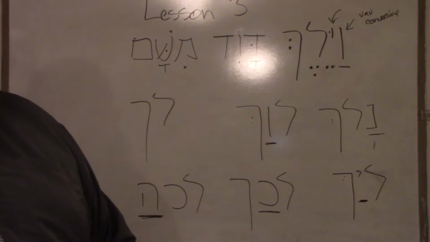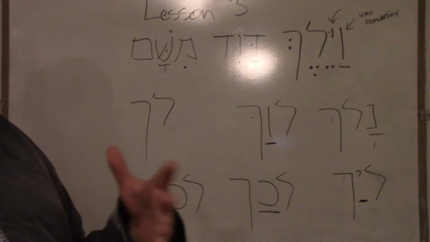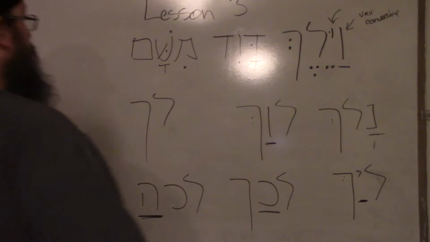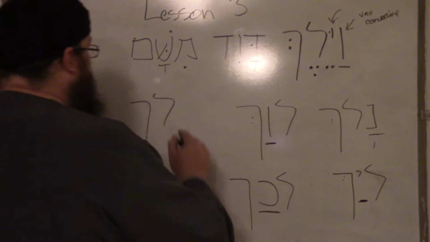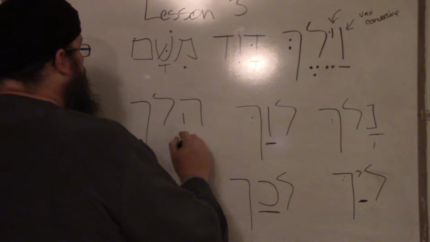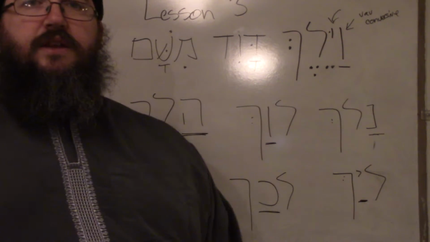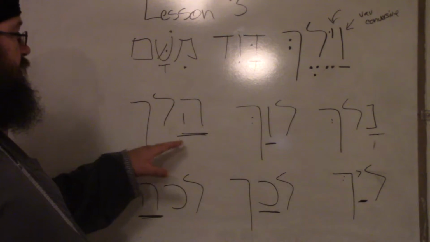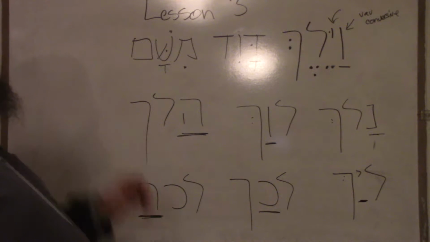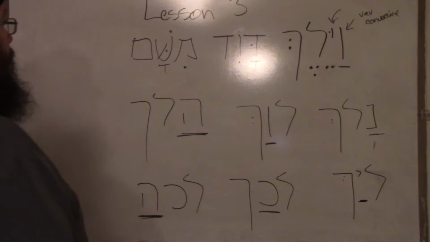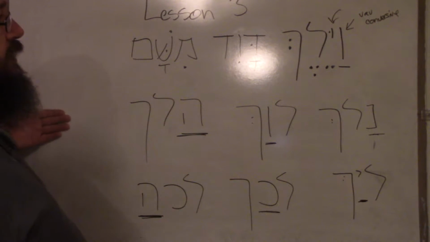However, in this case, we're going to learn something special with relationship to this root: it's the actual hey in the first position that's missing. And this is going to make it hey lamed chaf sofit, which is the root halach. Halach, he went.